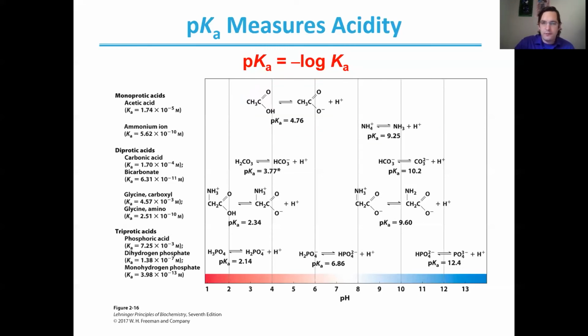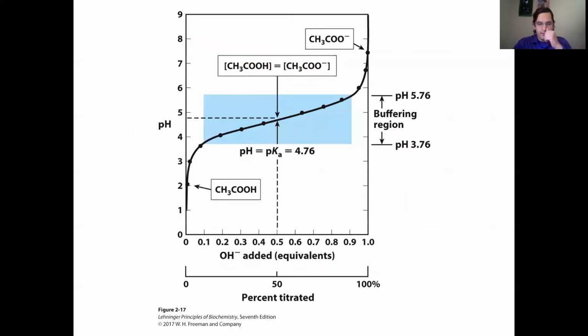Now, of course, the easiest way to illustrate these sorts of deprotonation events is with a titration curve. So here we have a titration curve for our acetic acid. So of course, on our x-axis, we have the amount of base added. So we're adding base in order to deprotonate our acetic acid from the weak acid form to the conjugate base form.